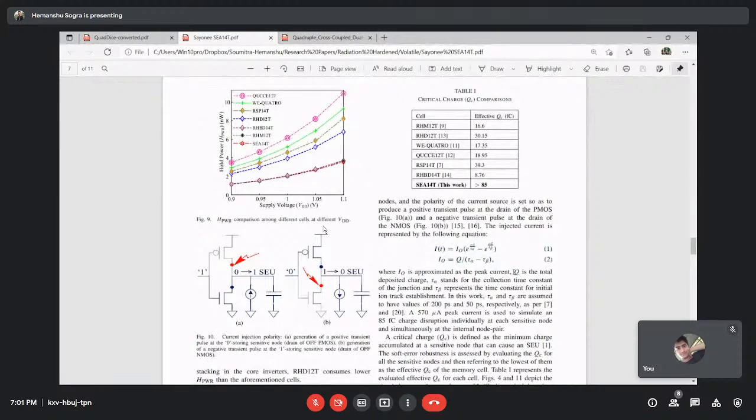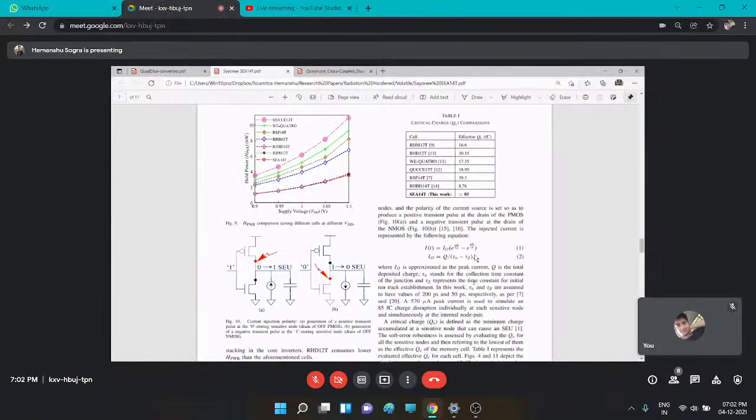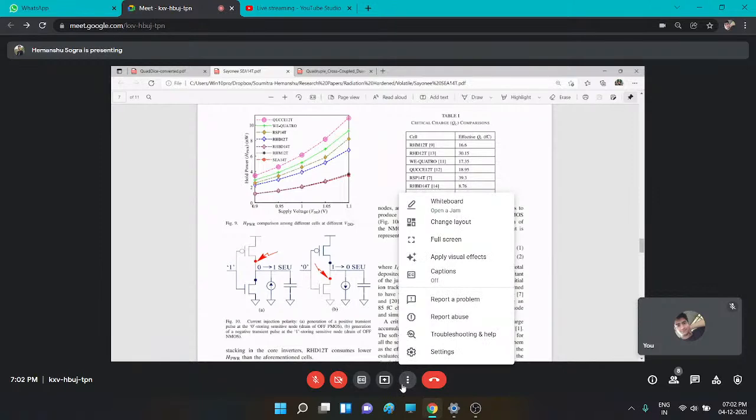So what are people doing? You see the second equation. First of all, the current which you apply, that is IT equal to I0 into that formula, e to the power something. And then I0 equals Q by, or that T alpha and T beta, which are kind of rise time and fall time.